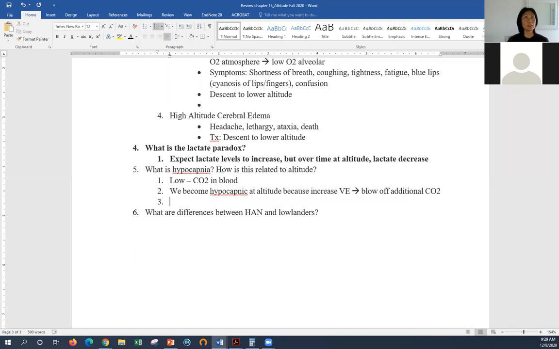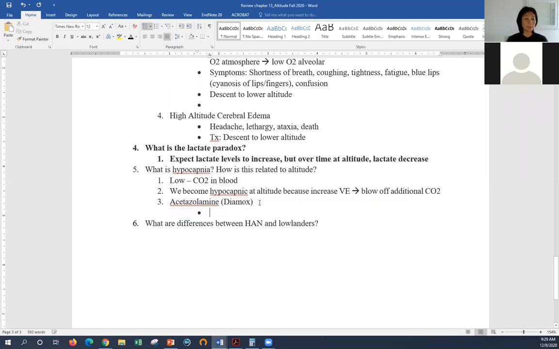In individuals who are mountaineers and they like to hike at high altitude, oftentimes they take something called Diamox or acetazolamide. And what this does is it reduces or inhibits carbonic anhydrase.